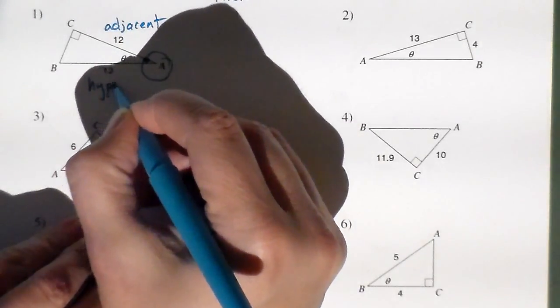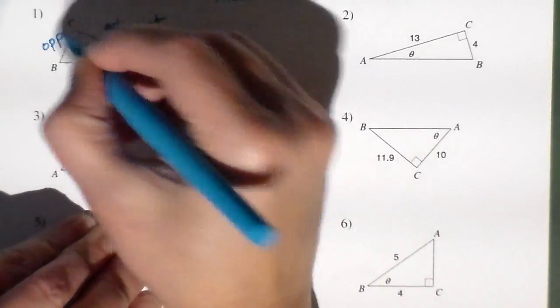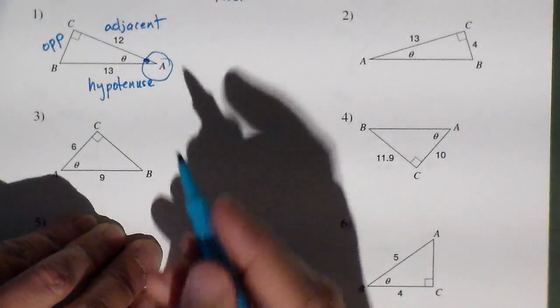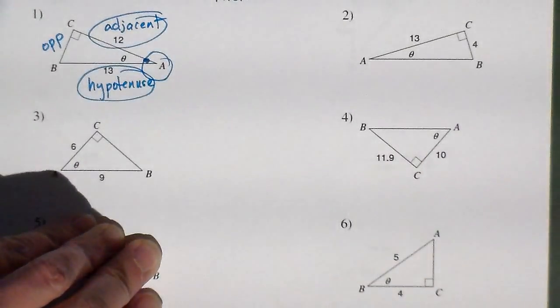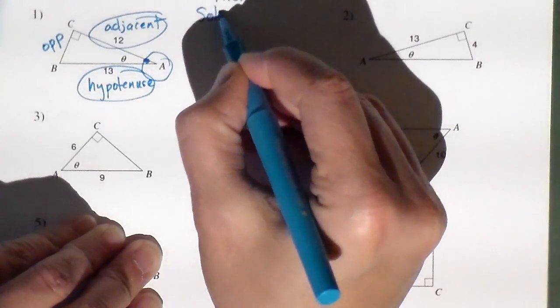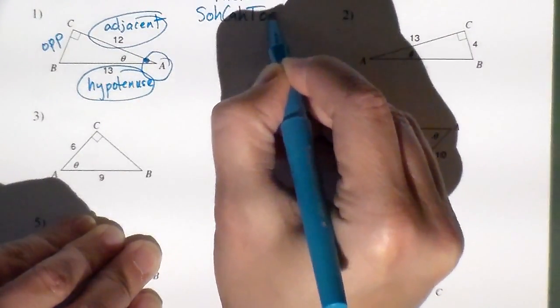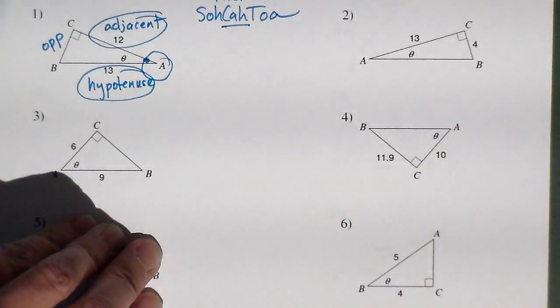This is your hypotenuse, and this is your opposite. So the question is, which function are we going to use? Well, what do we have? We have adjacent and hypotenuse. Which function is that? Well, remember, SOHCAHTOA. And if I look at adjacent and hypotenuse, that's cosine.